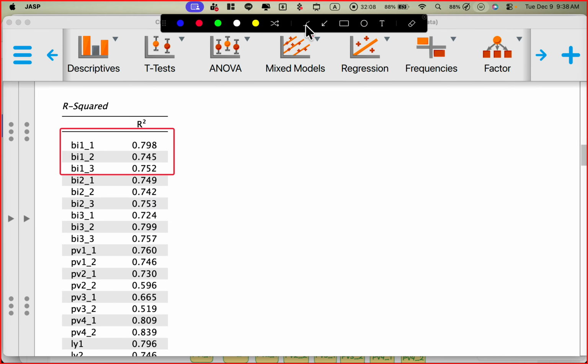We use three indicators to measure BI1: BI1-1, BI1-2, BI1-3, right? So what does R square mean in this scenario? Significant or not needs a p-value or confidence interval.